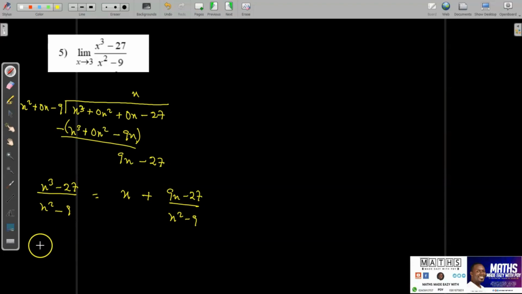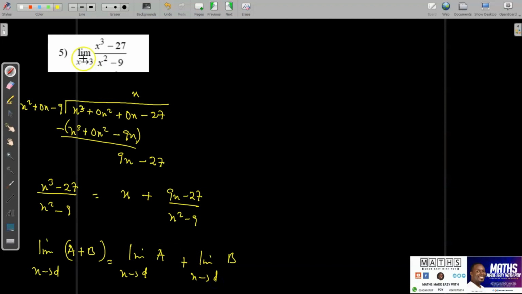Because remember, we learned that if I have the limit of a plus b as x approaches, let's say, d, you can split it and write it as the limit of a as x approaches d plus the limit of b as x approaches d. So that's the concept we are applying to answer this question. So going further, we've been able to write s cubed minus 27 all over s squared minus 9 in a partial form, which is this.